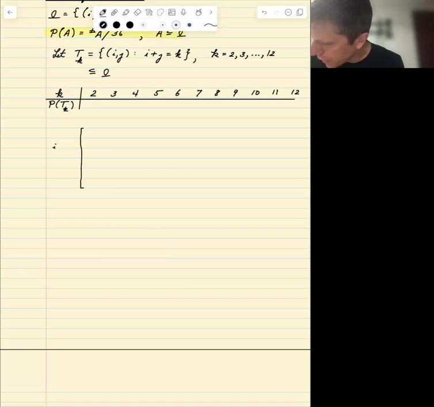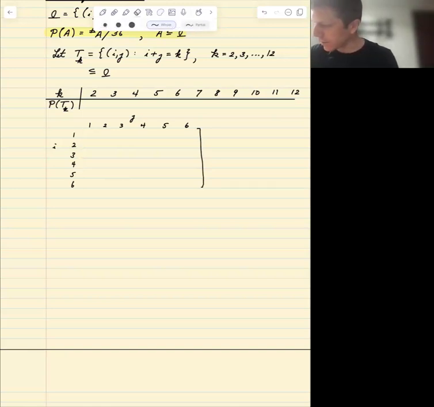So over here, we're going to have I, and I can be 1, 2, 3, 4, 5, 6. J can be 1, 2, 3, 4, 5, 6. And we're going to put the sum in this table.